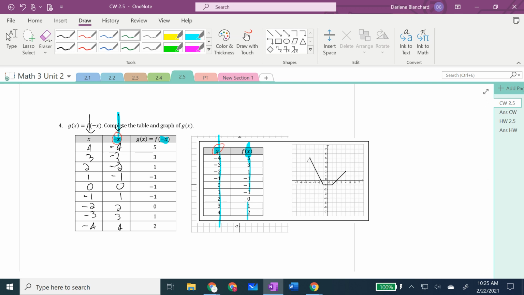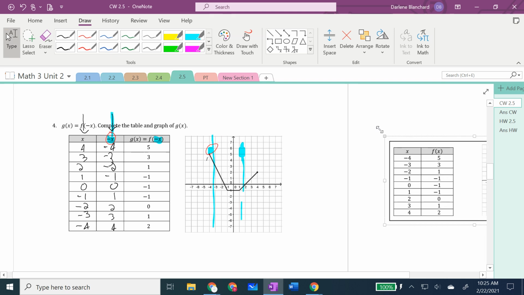And then when I plot those points, I see something different from what I got in number 3. So I can plot the point +4 for x, -4 for y.